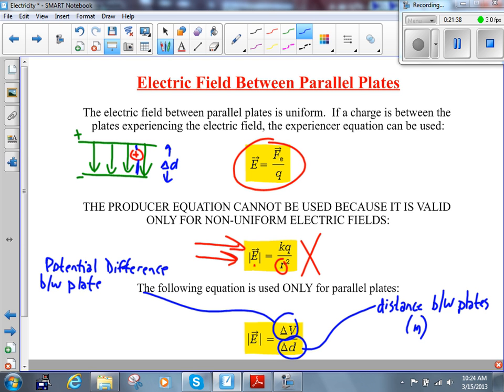And it's going to be measured in a unit called volts, capital V. The potential difference between the plates is the difference in energy per coulomb of charge. The difference in energy per coulomb of charge between the plates.